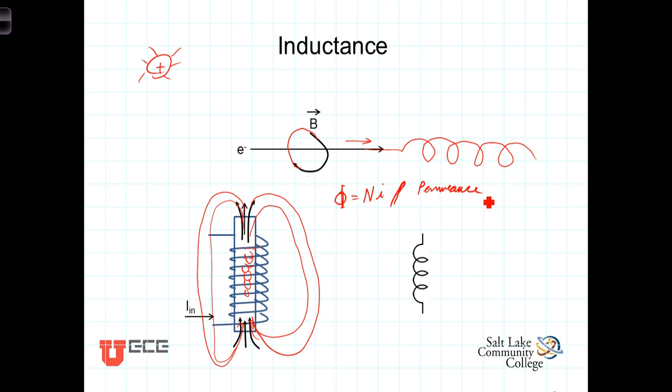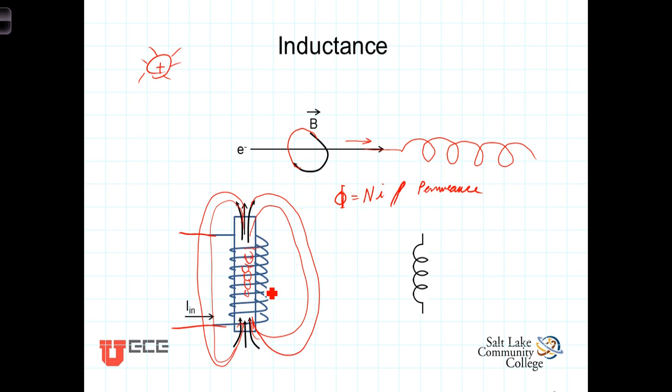Another amazing physical property is that when the flux changes by changing the current, a voltage is created across the terminals of the wire with a polarity that opposes the change of the current. Now let's think about that. Here we have a coil, and it's got current flowing. If the current is constant, the magnetic field will be constant.